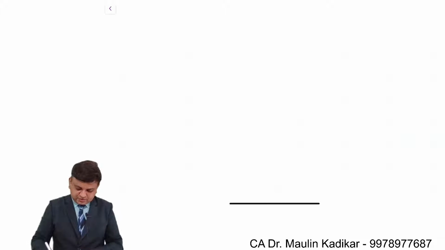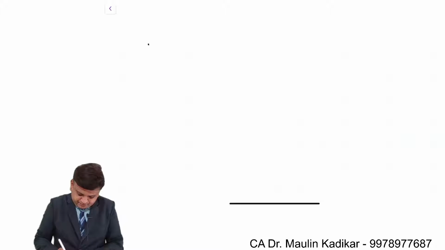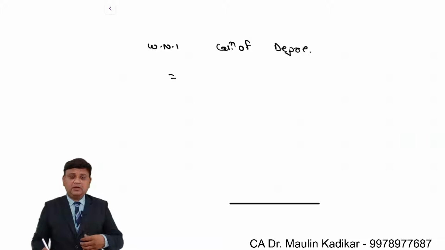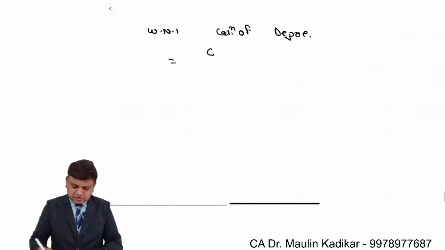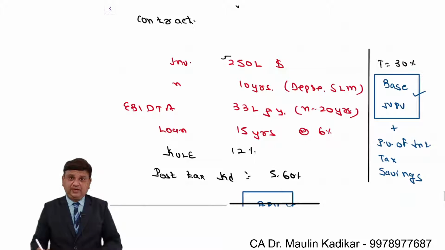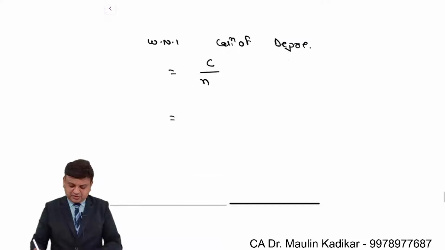So let us answer the question. Working note number 1, calculation of depreciation. As far as depreciation is concerned, it is cost divided by number of years. We have been provided that the cost is 250 lakhs and the life is 10 years for the purpose of claiming depreciation.